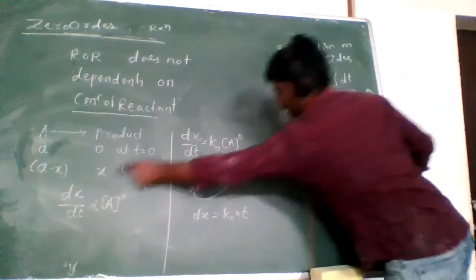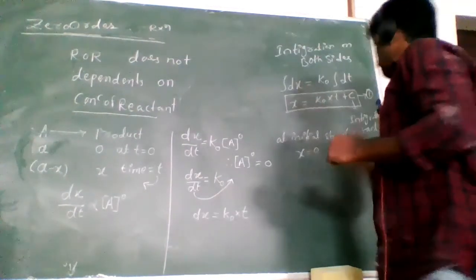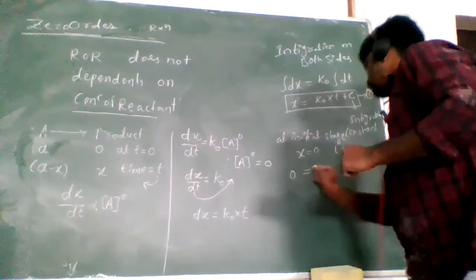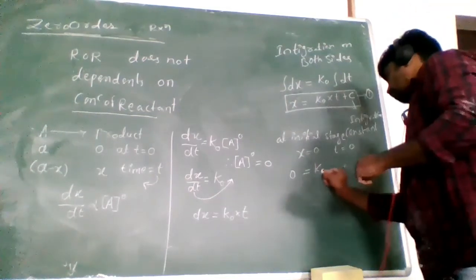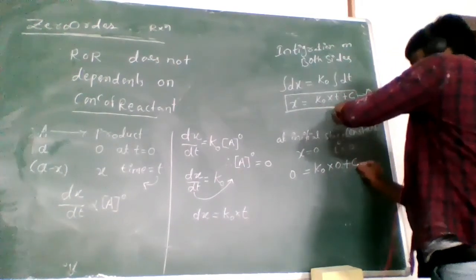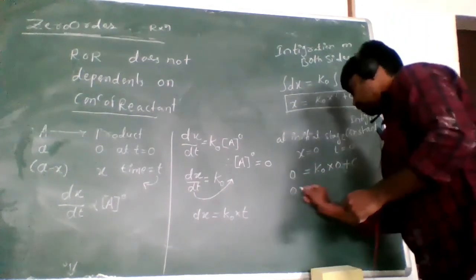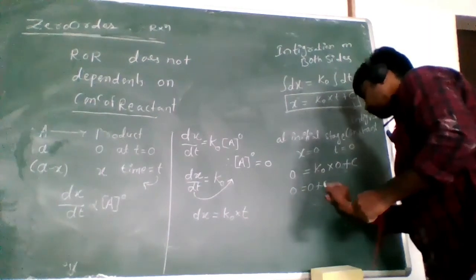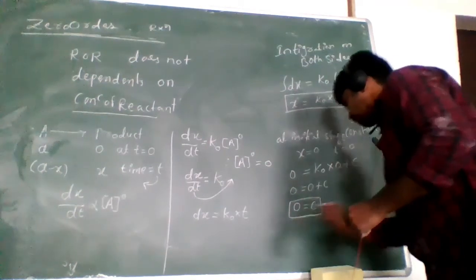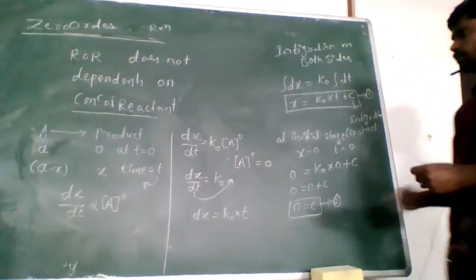So when you apply x equal to 0 in equation number 1, 0 is equal to k naught into 0 plus c. So k naught into 0 is 0, 0 equal to 0 plus c. Finally 0 equal to c. So this is equation number 2. Clear?